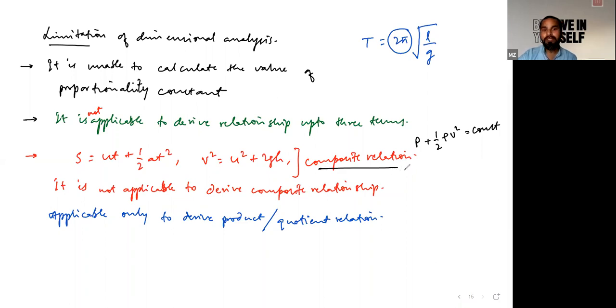And with the help of dimensional analysis, we would not be able to derive that type of relationship. Using dimensional analysis, we can derive only product and quotient relationships, not plus or minus signs. Is it clear to everyone?